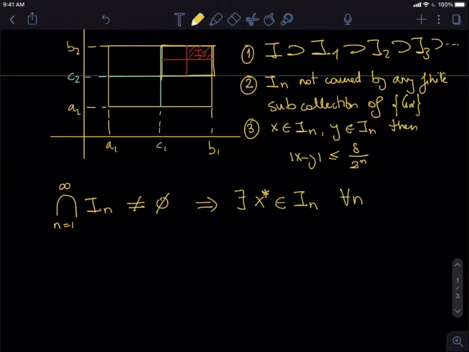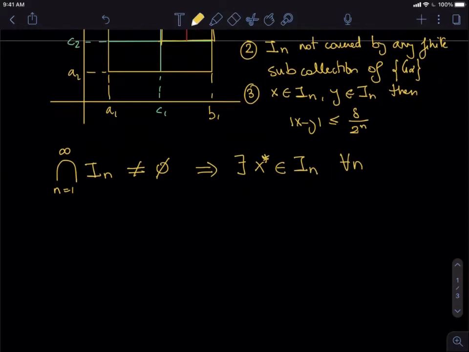If this X star didn't exist, then the intersection would be empty. And now, because this X star is a point in the original cell, it's a point that is covered by the collection G alpha. So in particular, X star is covered by some G alpha open.